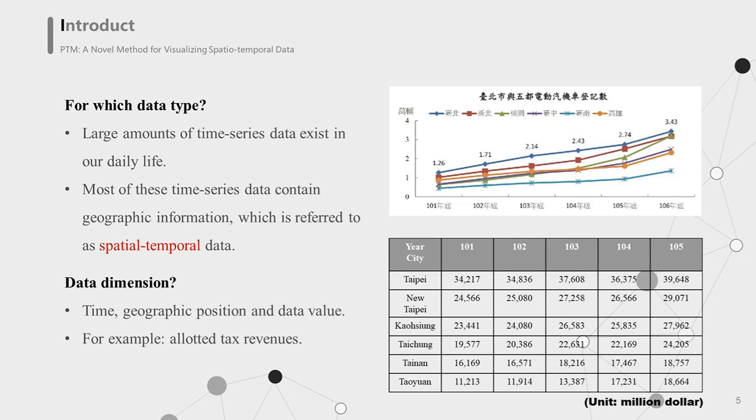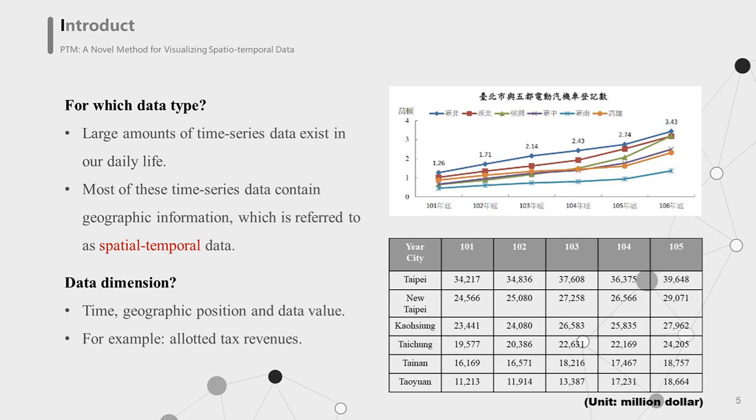There are many time series data in our daily life, which is generally visualized by diagrams such as line chart and heat map. Most of this time series data contains geography information, which is referred to as spatial-temporal data.